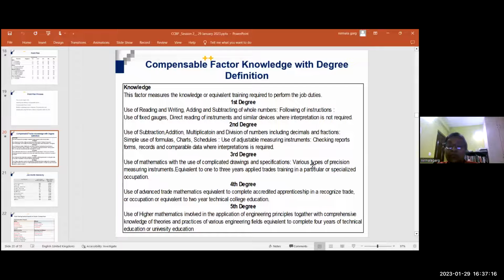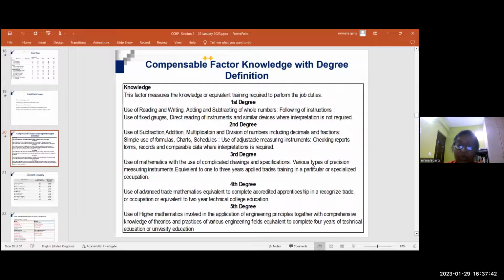Whereas if you look at the 5th degree, look at the complexity: use of higher mathematics involved in the application of engineering principles, together with comprehensive knowledge of theories and practices of various engineering fields, equivalent to completing 4 years of technical study. So the definition at the 1st degree is much simpler, but at the 5th degree it is much more complex.